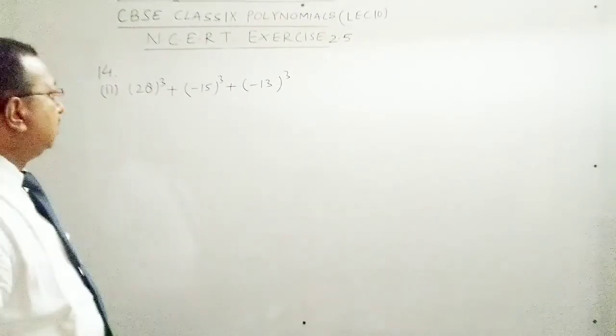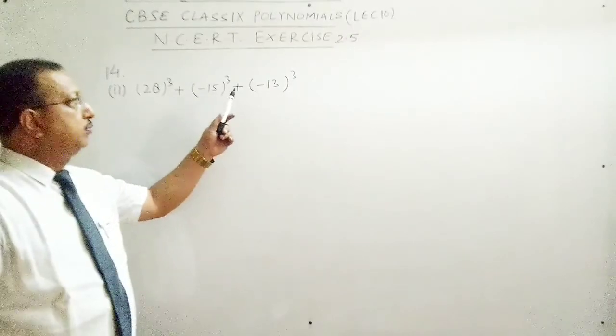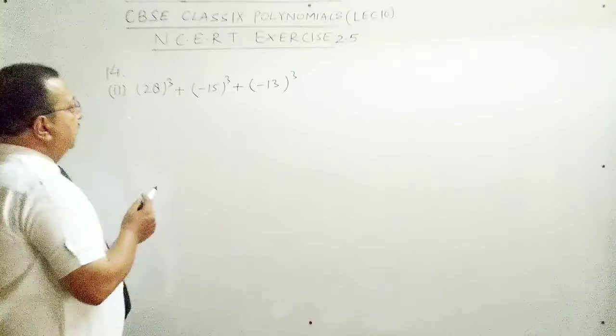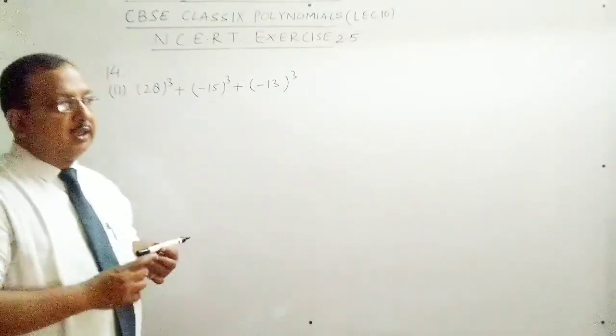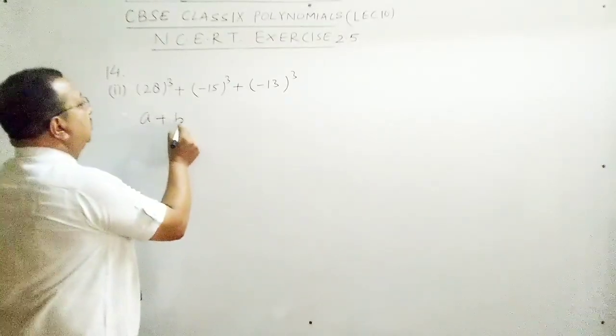Now next part, 28 whole cube plus minus 15 cube plus minus 13 whole cube. In place of A there is 28, in place of B minus 15, in place of C minus 13. First we see whether A plus B plus C is 0 or not.